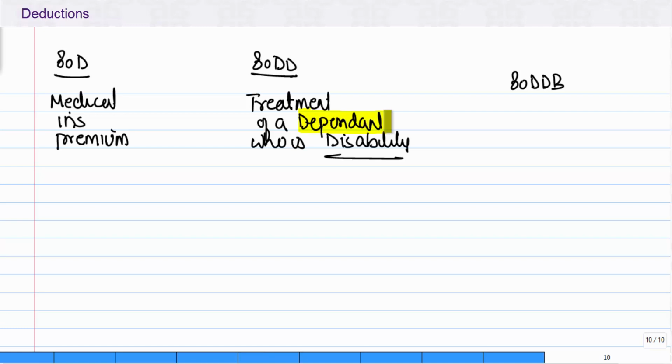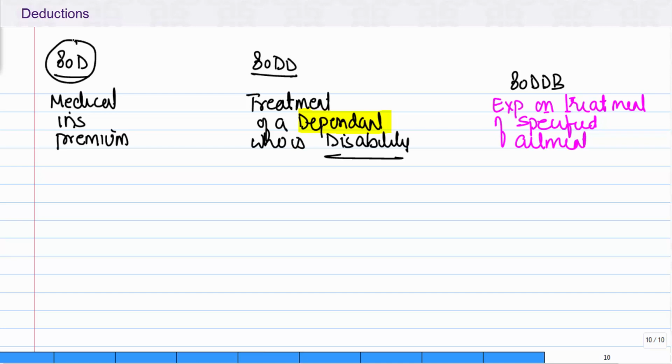So we have a few words, we have a dependent and disability. 80DDB is for expenditure on treatment of specified ailments. Now there are amendments here which we will talk about.